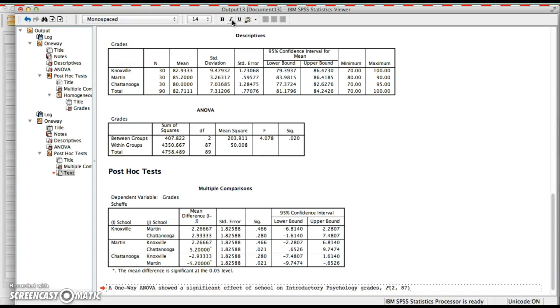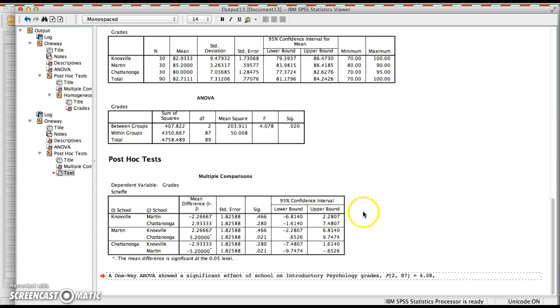Those are our two degrees of freedom, the between and within degrees of freedom. 2, 87, space equals space, and then our F statistic, 4.08, right here, 4.08, comma, and then our p-value, italicized lowercase p, and our p-value is 0.02, so equals 0.02, period.